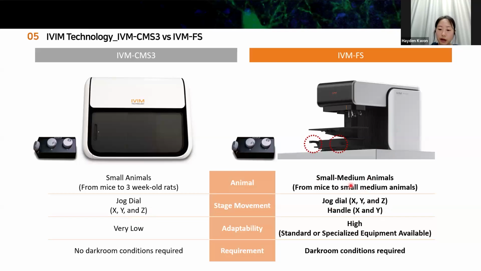Since the mounting stage is exposed, using the two-photon laser requires creating a dark environment with curtains or additional room modifications. But this open configuration also provides a major advantage: much more space to attach external devices such as ultrasound equipment, a treadmill, or some kind of behavior equipment if you need it.